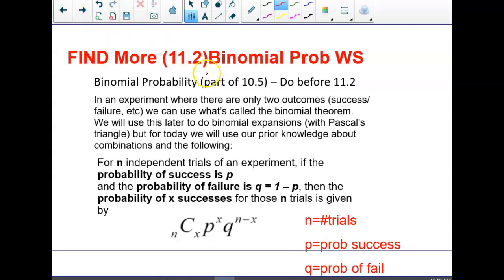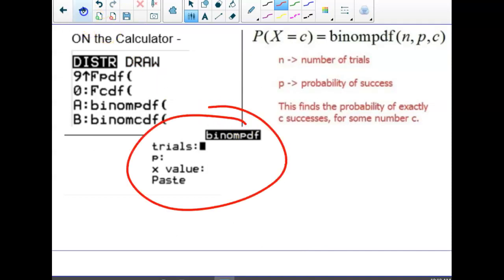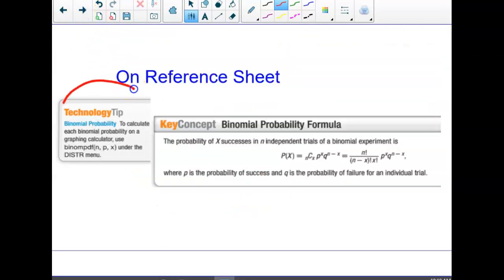Okay, binomial probability had a formula, but on your reference sheet, okay, binom PDF is what we're going to use. And on your reference sheet somewhere is this. Everybody find it on the reference sheet? It says binomial probability, and it gives you a formula, but it also tells you where the menu is.